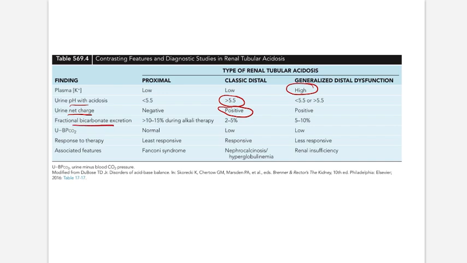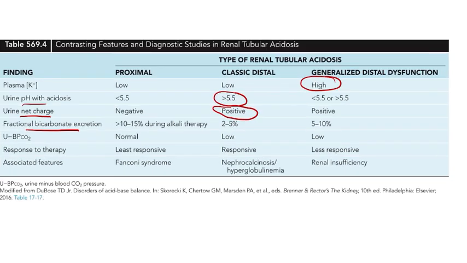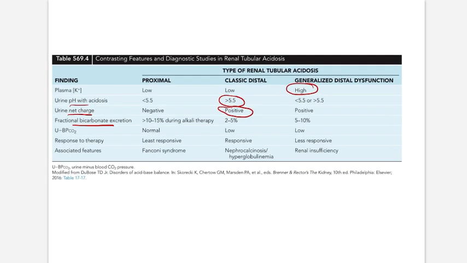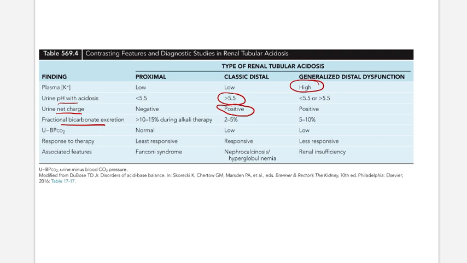So just see, in proximal tubules, the problem is in bicarbonate reabsorption. So maximum bicarbonate is lost in this condition, 10 to 15% in proximal RTA. U-B PCO2, this is actually urine minus blood CO2 pressure.